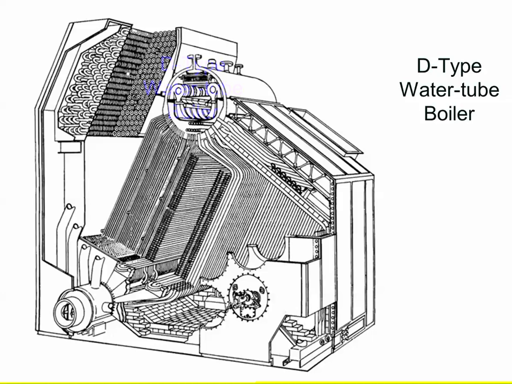The reason for that is you are using steam cargo pumps. Steam cargo pumps are relatively compact. They can produce high amounts of power, and they are used to remove the cargo from the tanks and pump them ashore when you're discharging cargo.